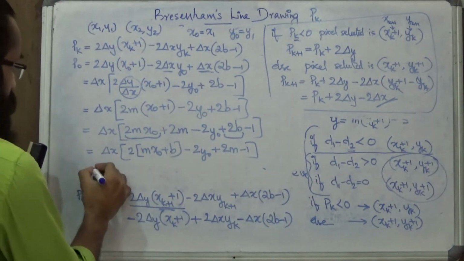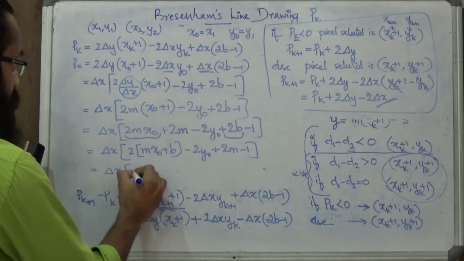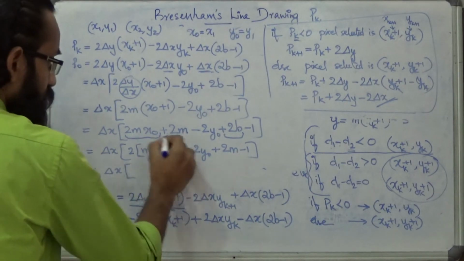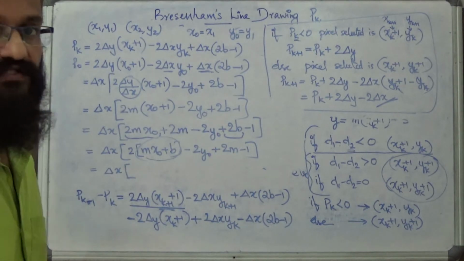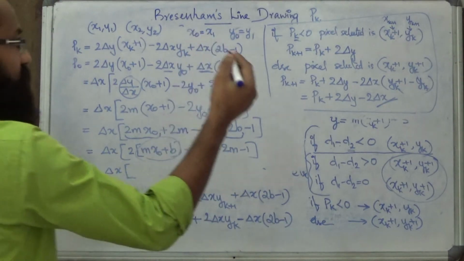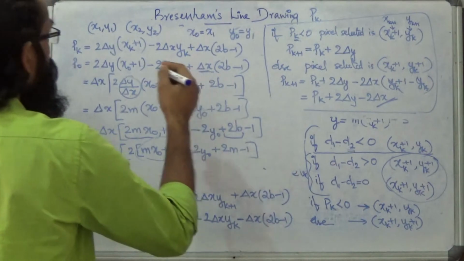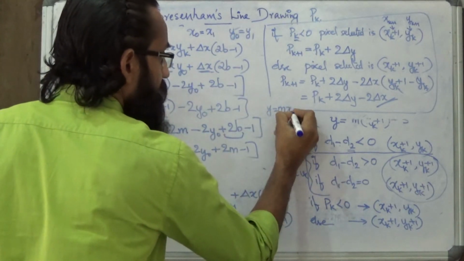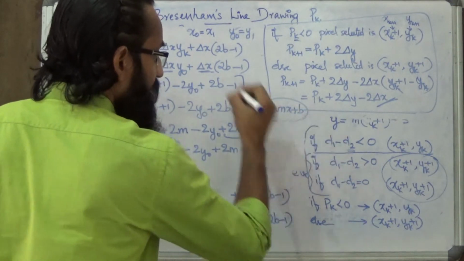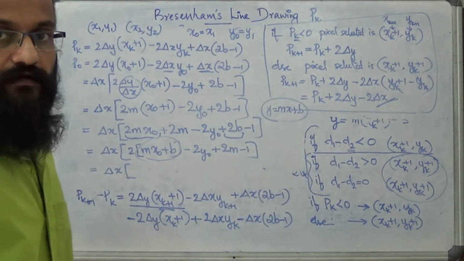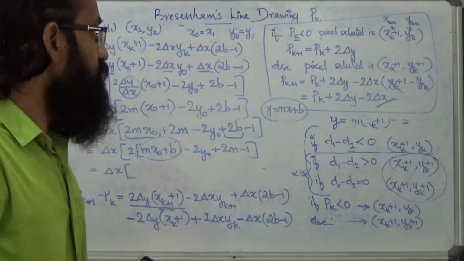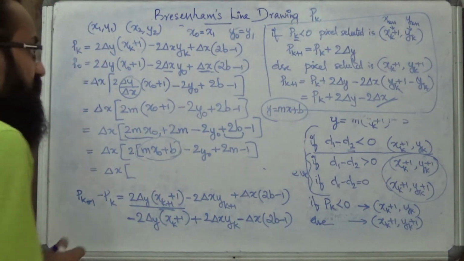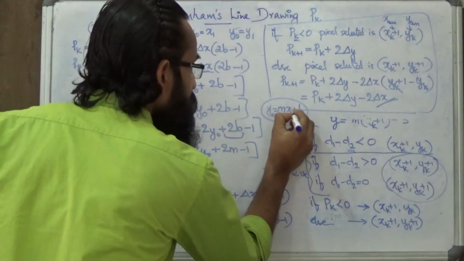So this will be equal to delta x into, so what is mx0 plus b? mx0 plus b is actually y0. That is based on the slope intercept equation, y equal to mx plus b. Since our line satisfies this equation for the initial point x0, y0, it satisfies y0 equal to mx0 plus b.